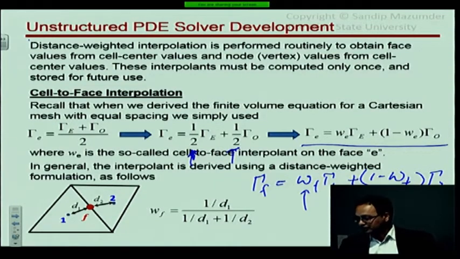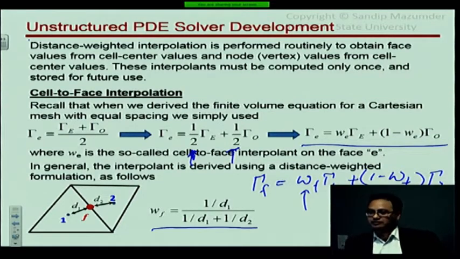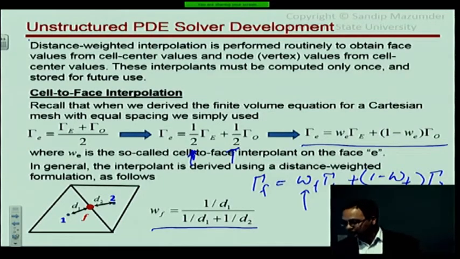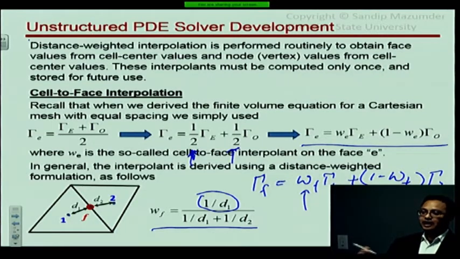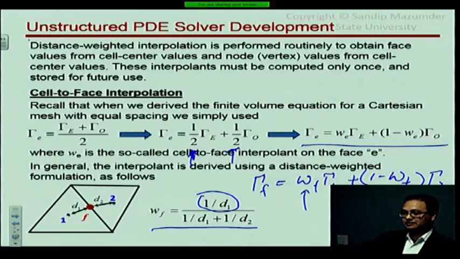This weighting function is inverse distance weighted. So 1 over d1 is the inverse distance between the face center and the cell center, and 1 over d2 is the inverse distance d2. Why inverse? Because the influence of a cell dies as the distance increases. So it's not directly proportional, it's inversely proportional.